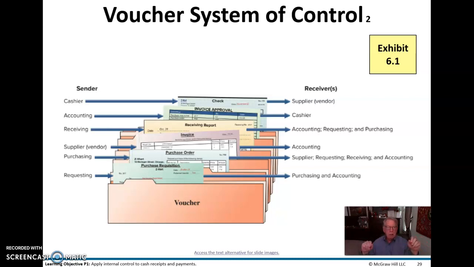We have purchasing, we have accounting, we have several people within accounting. We have the receiving group, we have the Best Buy with their invoice, et cetera. Pretty hard to fool that system for that payment. And that's the voucher system for a good system of control.